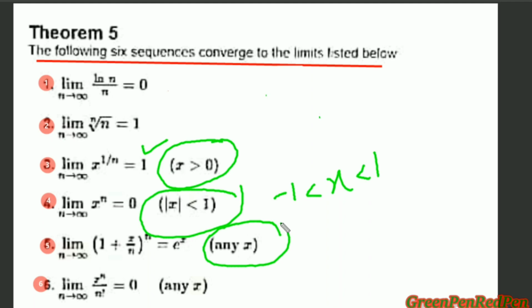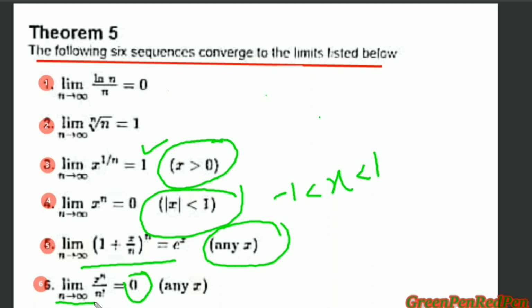For any x, the sequence tends to e to the power x as n approaches infinity. And the sixth sequence tends to 0 as n tends to infinity.